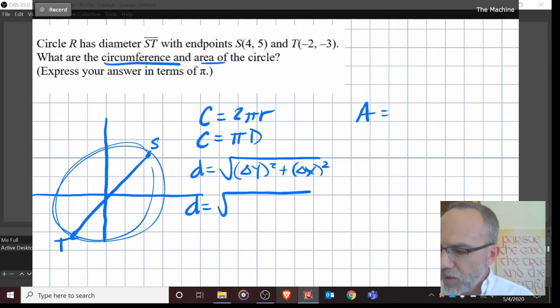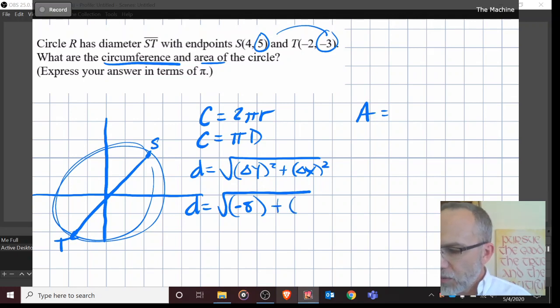If I go from 5 and I stop at -3, isn't that a change of -8? It is. And what about the x's? If I go from 4 and I stop at -2, isn't that a change of -6? Yes, it is. Square both of those.